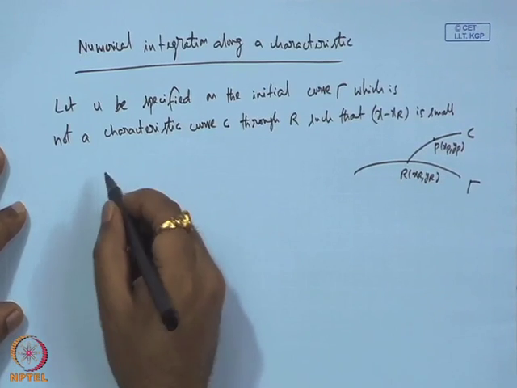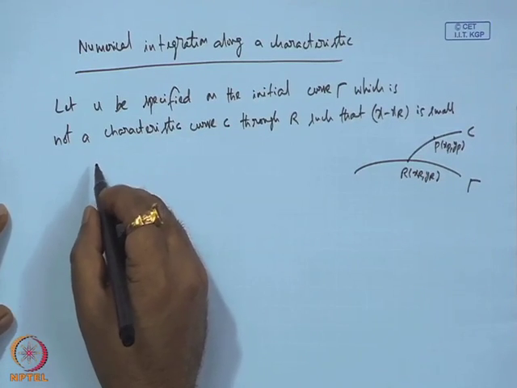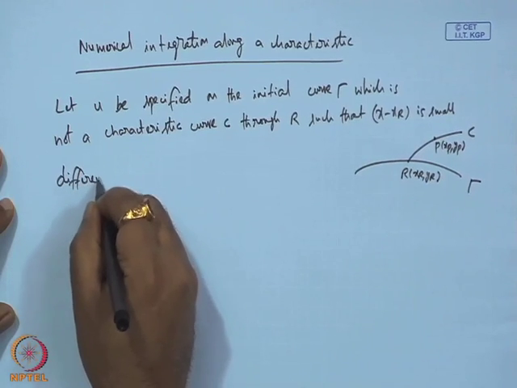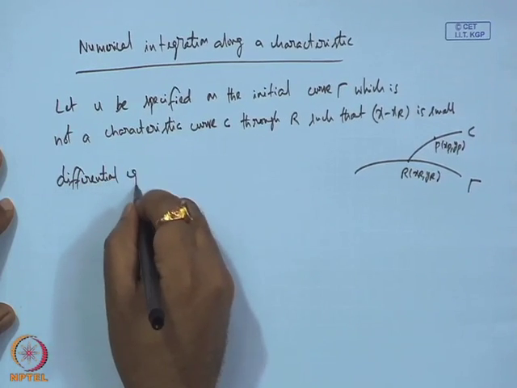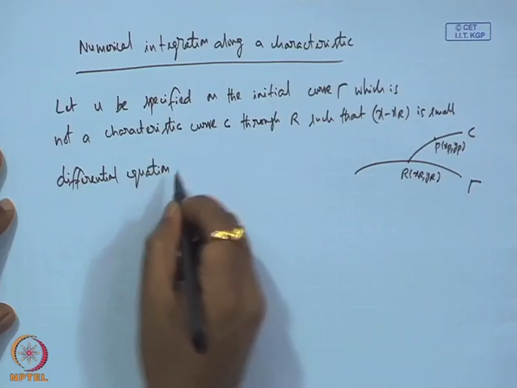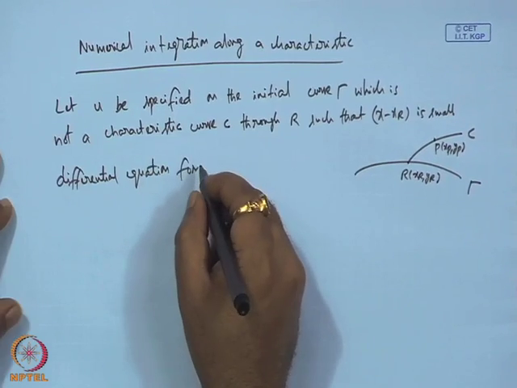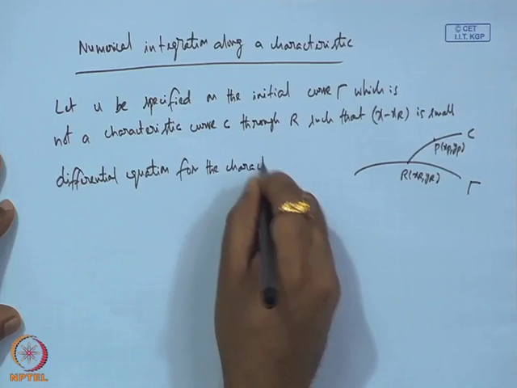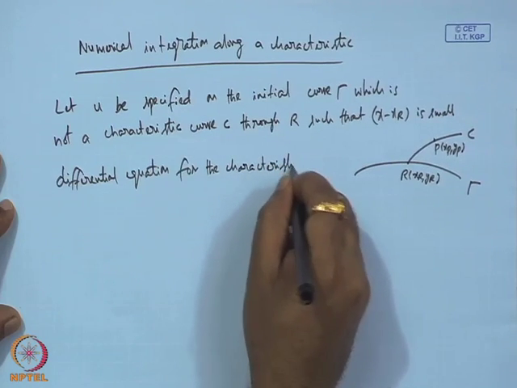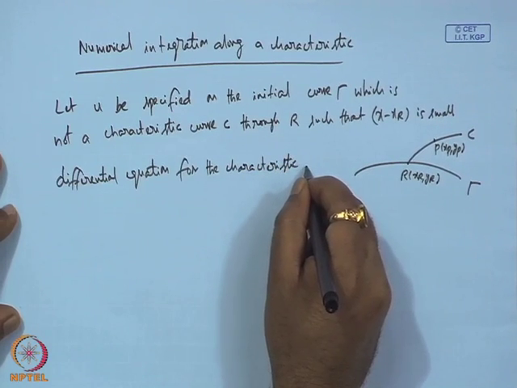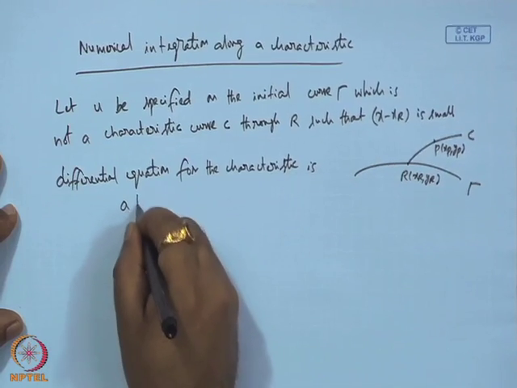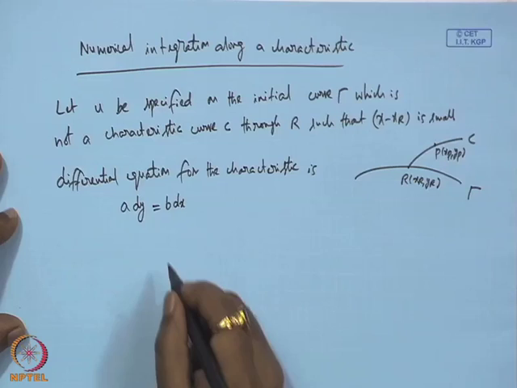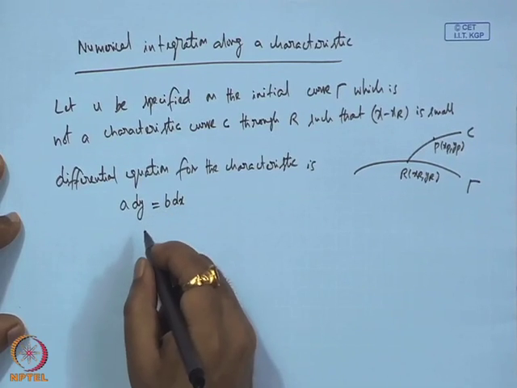Then the differential equation for the characteristic is A dy equals B dx. That is what we have seen.